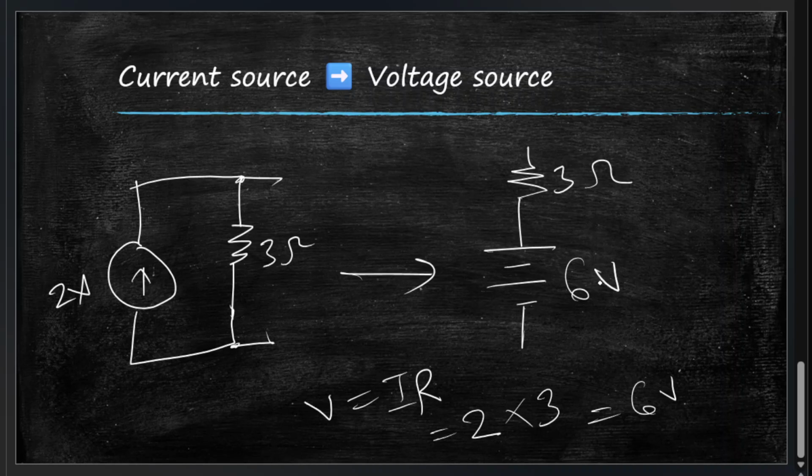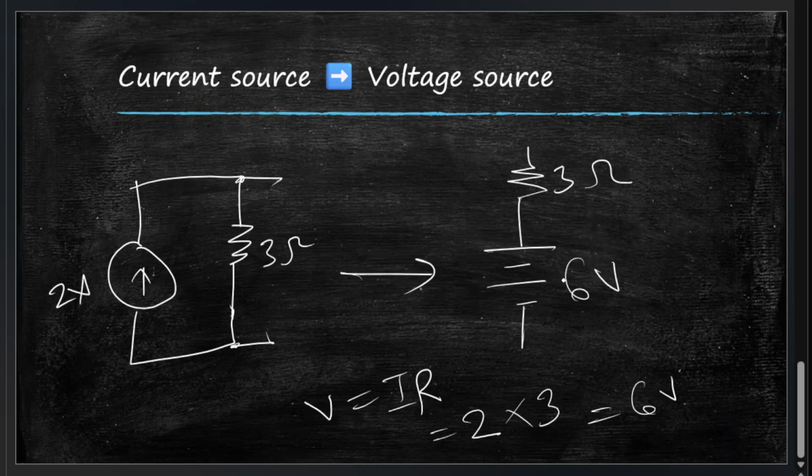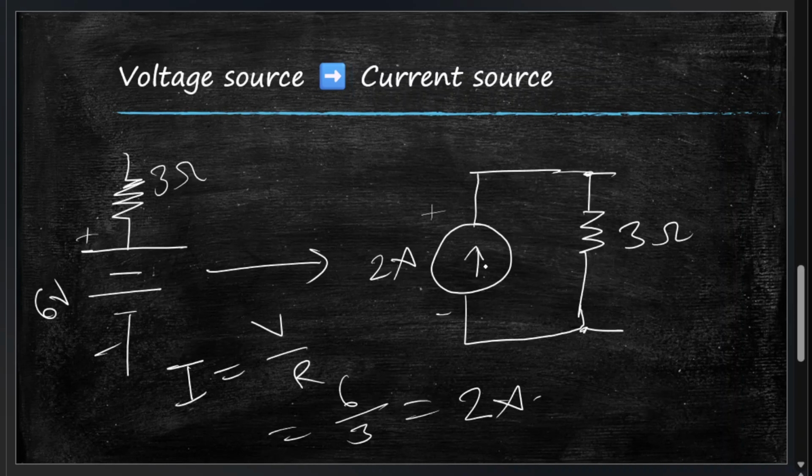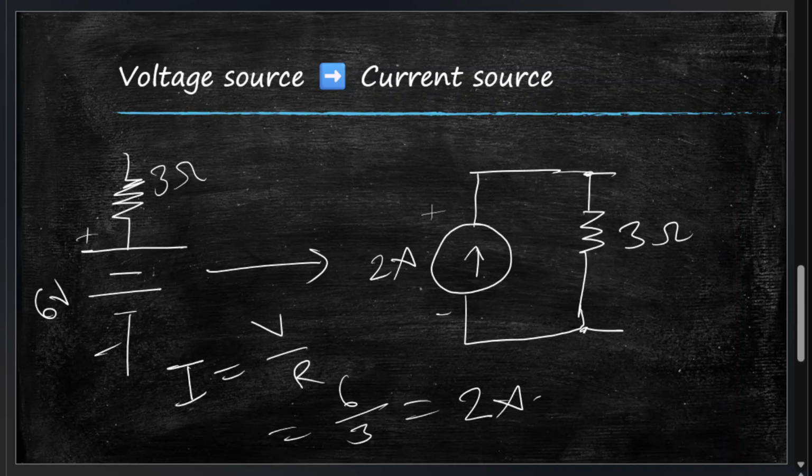So our voltage source will be 6 volts. Again, same as before. So no matter which way you convert, the values will remain the same. 6 volts here will again turn out to be 6 volts here, and 2 amperes here will again turn out to be 2 amperes here if you redo the process. So that's all. It's a really simple concept.